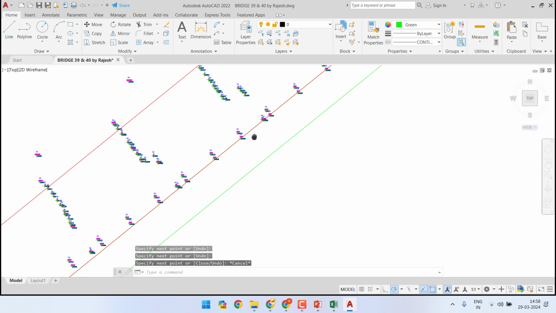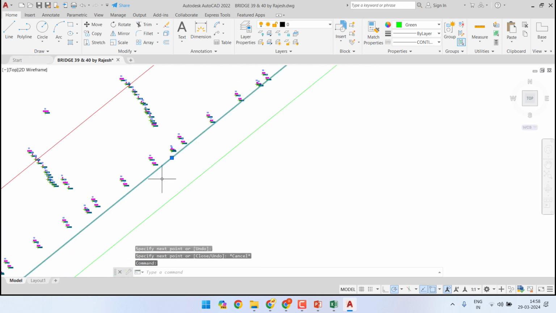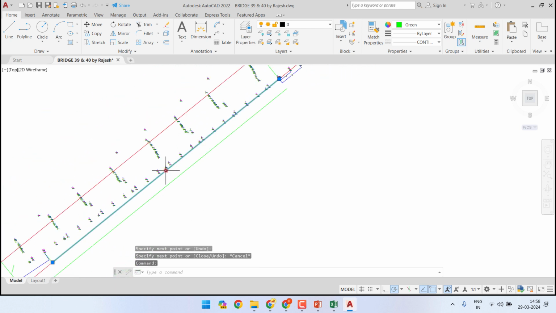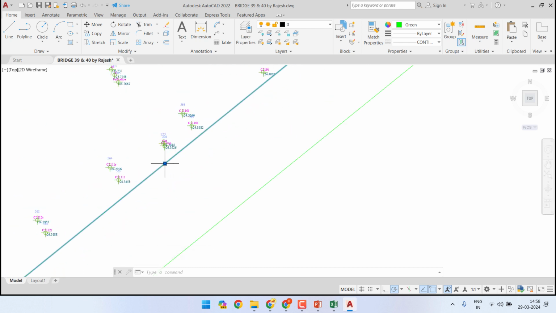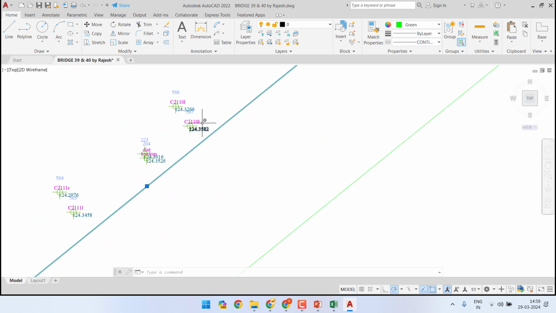Now we got the central portion. This point represents the center of the first circular curve, which will be between station number 10 and station number 11, which is also correct because that is what will happen.